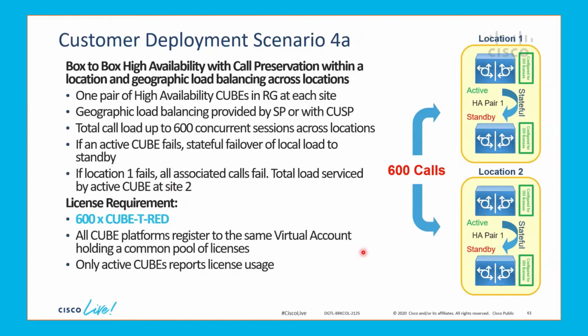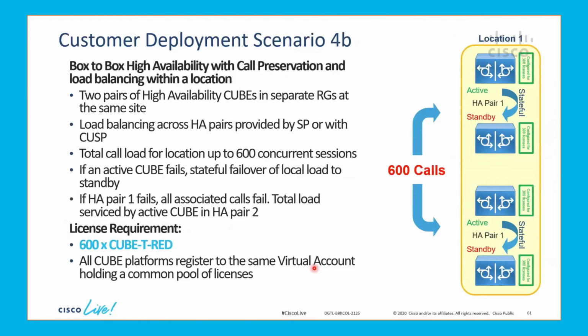Again, remember only the active CUBE reports licensing usage. Scenario 4B is similar to the previous one, but what we have done is we have moved both the CUBE HA pairs into the same location, and they are both handling 600 calls. So the licensing requirement remains the same based on the total number of calls: CUBE T red, 600 quantity.